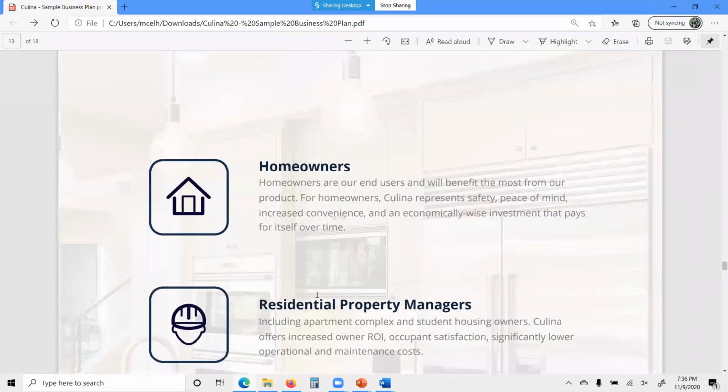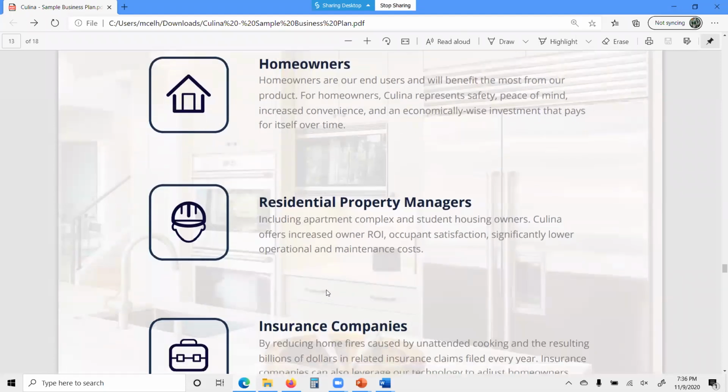So target audience, who are they looking to target? They have homeowners, maybe residential property managers as well, and insurance companies. Trying to get insurance companies to recommend their products to their policyholders, especially those that might have had fires. Why would insurance companies even care? They'd rather not pay anything out on insurance policies if they don't have to.